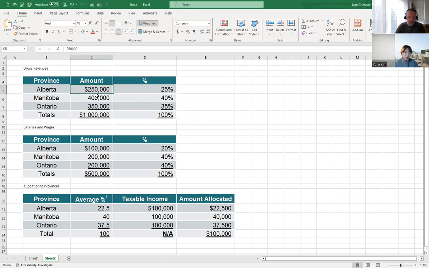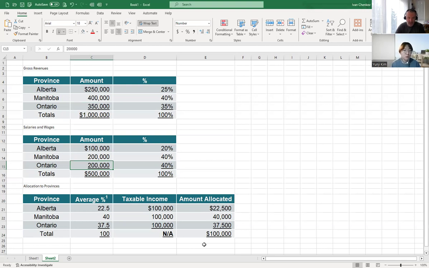So Alberta, you have gross revenue 250 here. Salaries and wages, 100. Manitoba, you have 400 revenue. Salaries and wages, 200. Ontario, you have 350. Salaries and wages, that much.